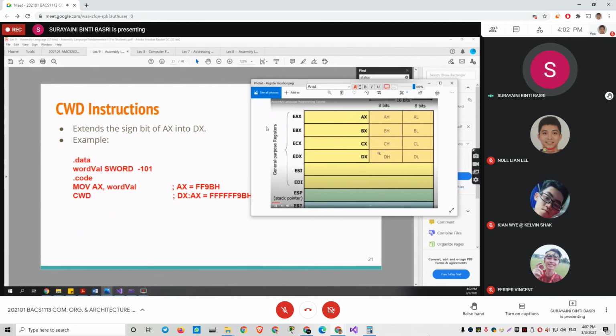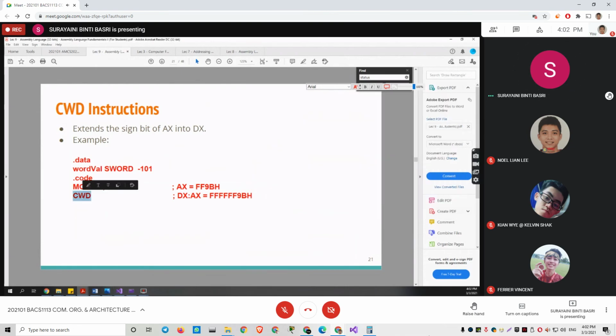You want to extend it to DX, because usually it's AX and DX. When you extend it to DX, you just put CWD immediately after you assign this variable into this register.